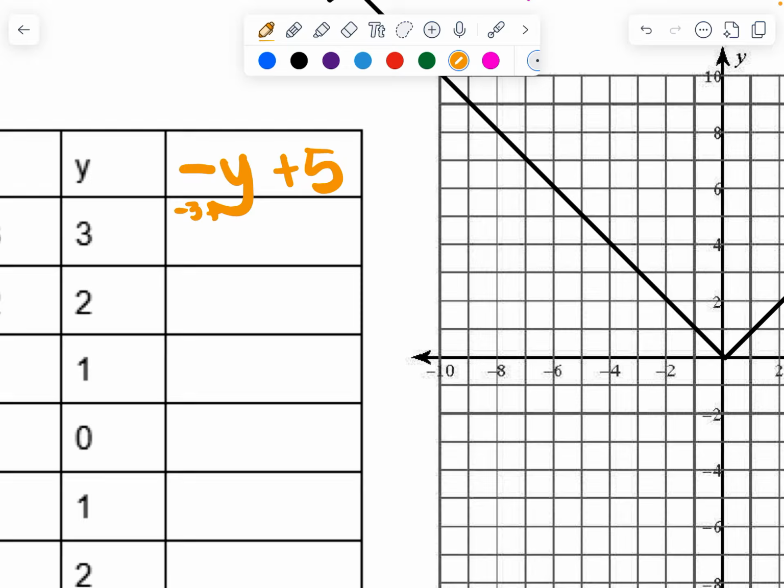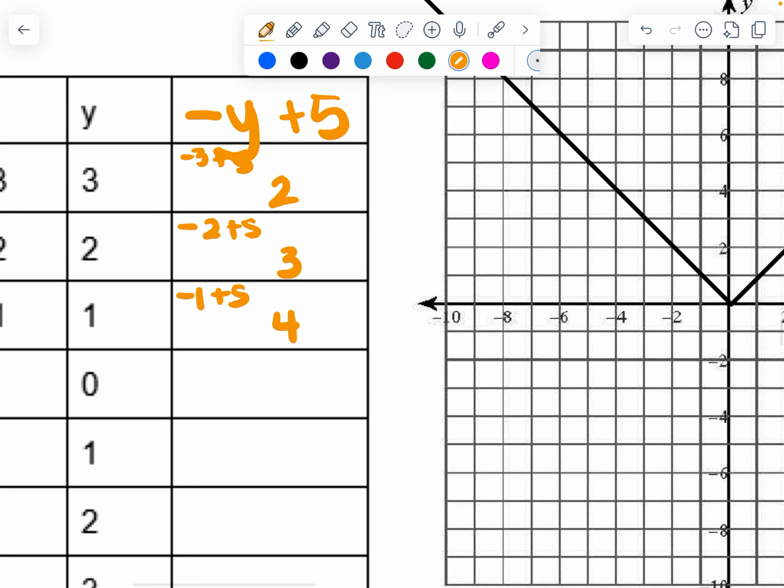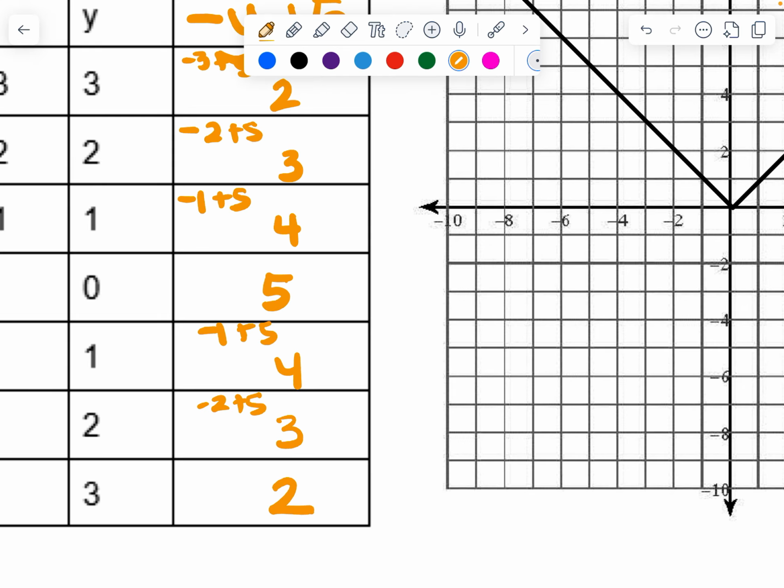Oh, I was right. -3 plus 5 equals 2. -2 plus 5 equals 3. -1 plus 5 equals 4. I shouldn't do this late at night. That would get me 5. -1 plus 5 is going to get me 4. -2 plus 5 is going to get me 3. And amazing, that's going to get me 2.